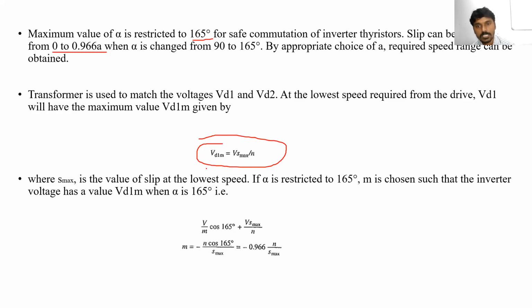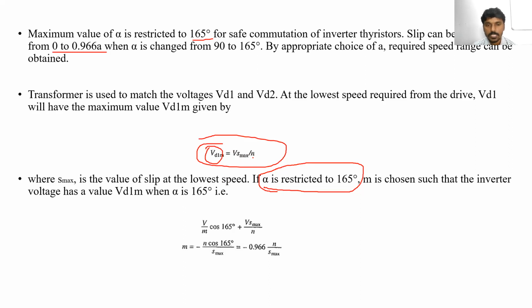If alpha is restricted to 165 degrees, M is chosen such that the inverter voltage has a value VD1M. That means if the firing angle of the inverter is restricted to 165 degrees, we can take this equation: VD1M is equal to Vs maximum upon N, the slip of the induction motor at the lowest speed into the voltage by number of turns of the stator winding, because the voltage depends upon the number of turns in the stator winding also.